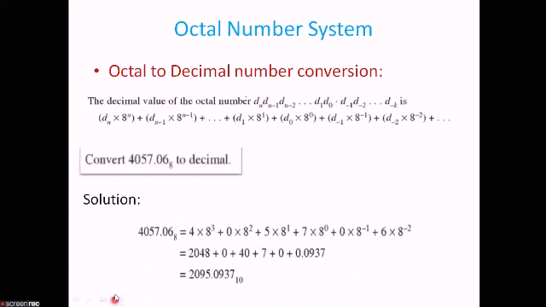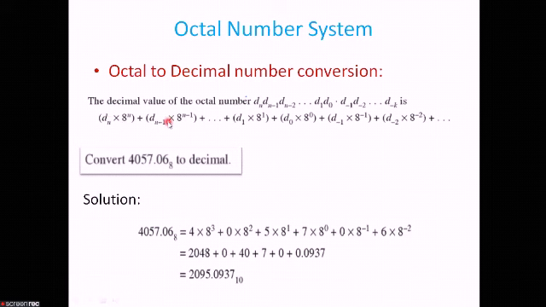Next is the octal to decimal number conversion. Now see, this is the decimal value of the octal numbers. Before starting the octal to decimal conversion, I would like to say something: to convert an octal number to a decimal number, multiply each digit in the octal number by the weight of its position and add all the product terms.